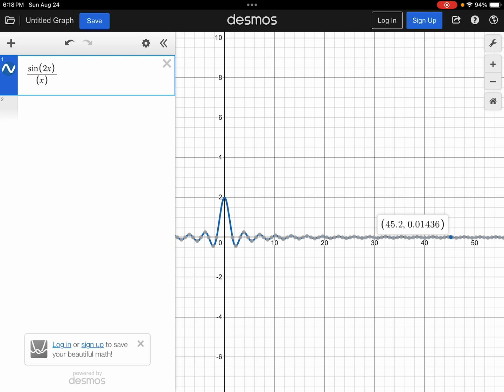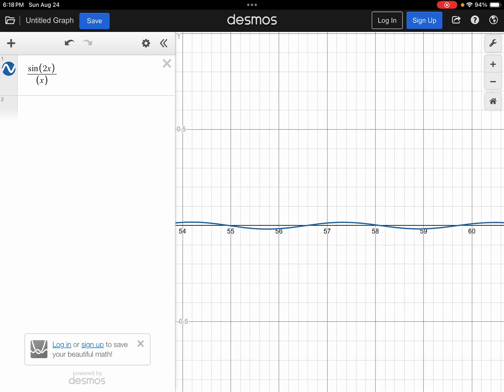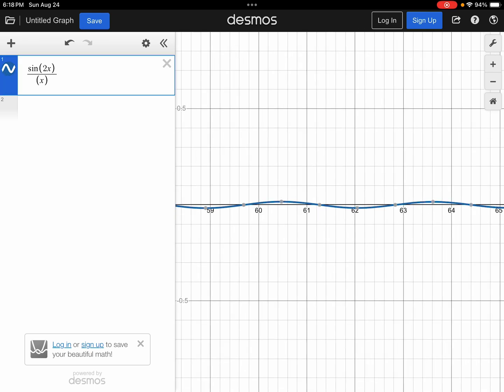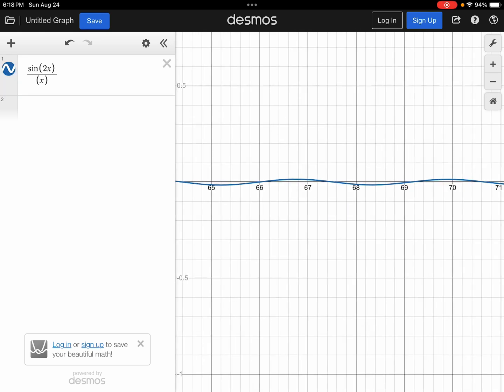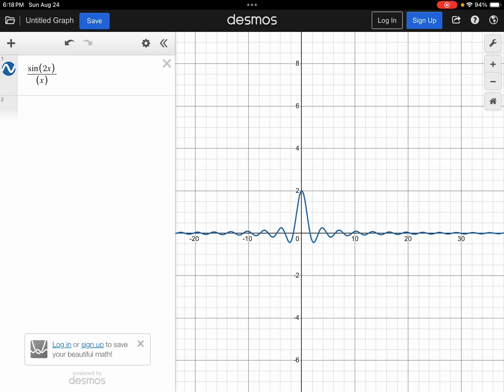It's an oscillating function, but it does appear that it oscillates between smaller and smaller positive and negative values, but still approaching 0. So here, as you keep the graph going, these minimums and maximums of the function are getting closer and closer to 0, and that's going to be for negative infinity as well.